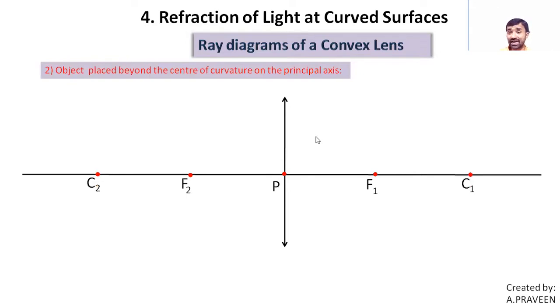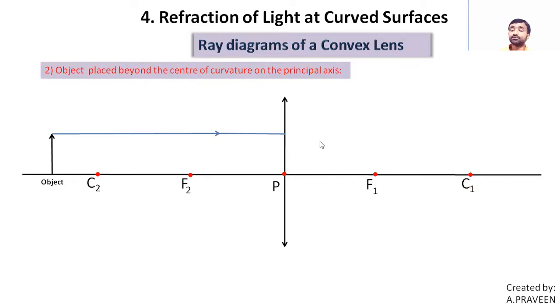Use your scale and draw the height of the object above the principal axis equal to the width of the scale. Immediately you can complete the parallel light ray from the top of the object before removing your scale.